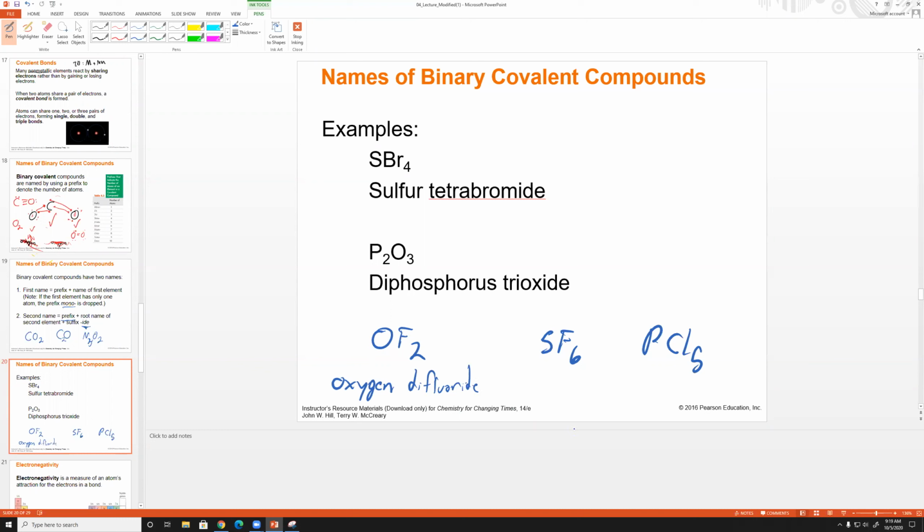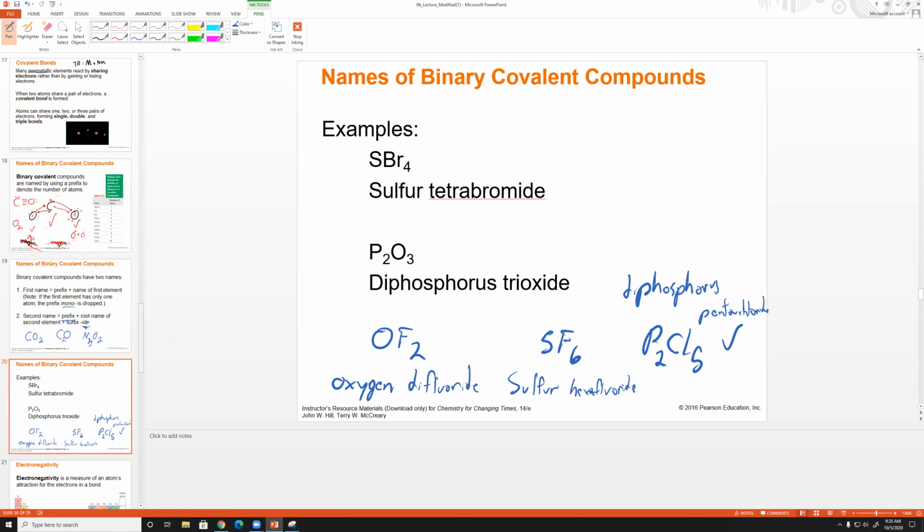What about SF6? Sulfur hexafluoride. Perfect. Sulfur hexafluoride. And I'll change this one. What about this one now? P2Cl5. Diphosphorus pentachloride. Wow, perfect. Phosphorus pentachloride. Nice job. Awesome. Good.